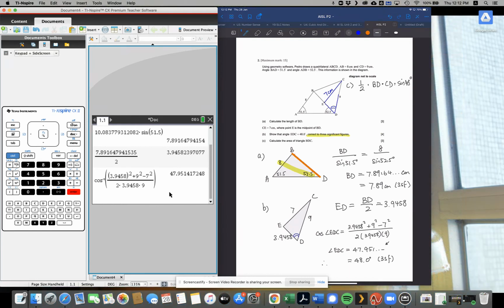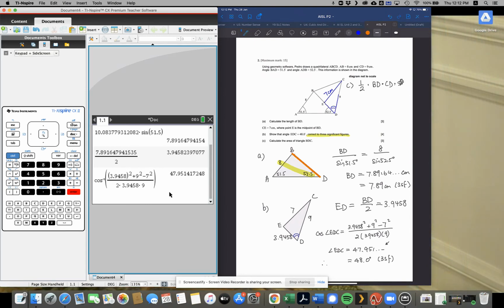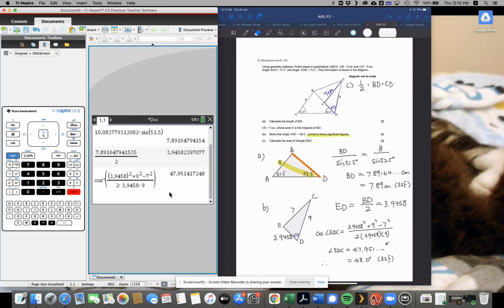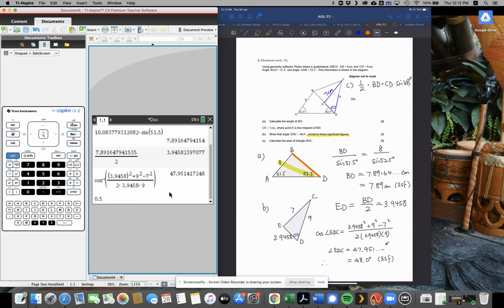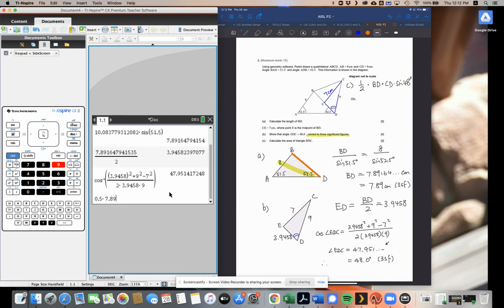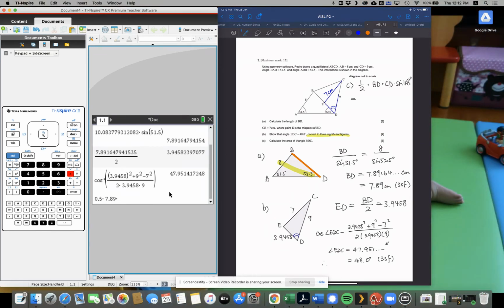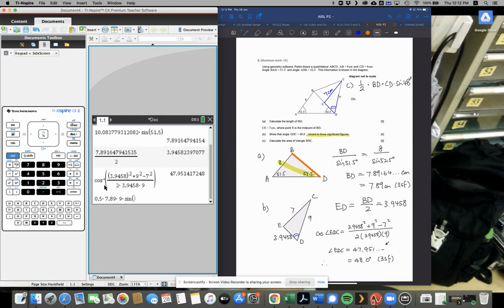So you must use half of BD and of CD sine of the angle that we worked out. So it is safe to use 48 because you were told that it is 48. Or if in the exam you can't show that it is 48, you can still use it here. So we will have 0.5 times BD is 7.89 times 9 times the sine of 48.